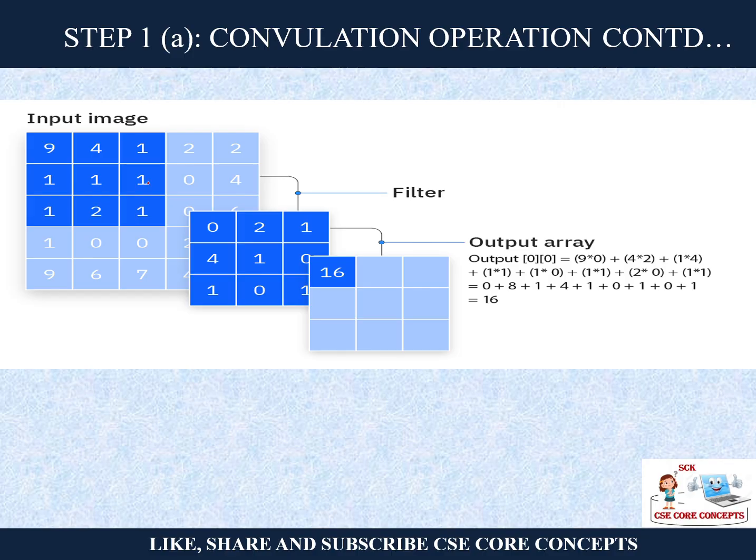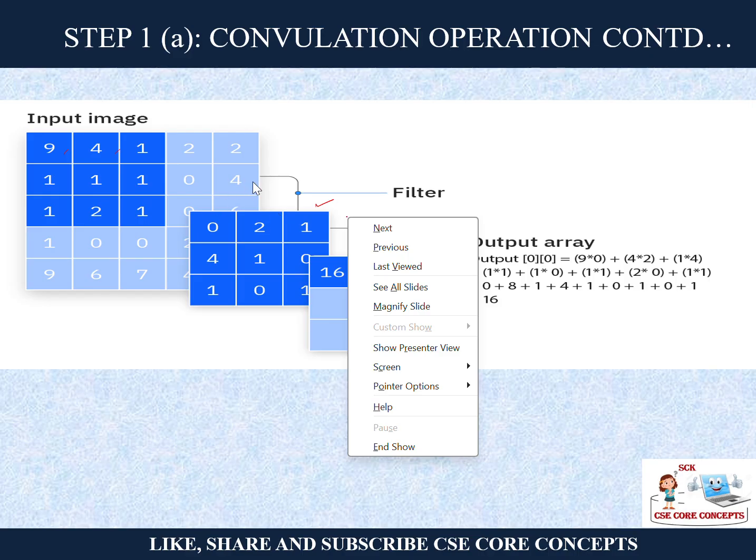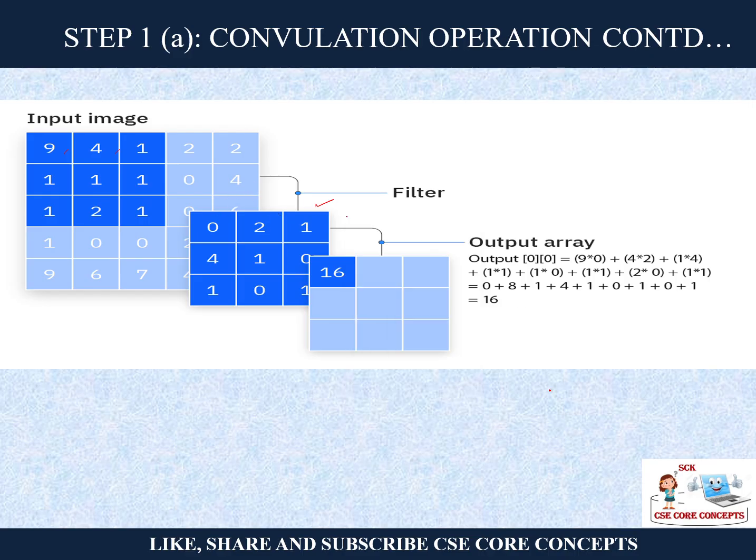Let us see one more example. Let's say this is our input image, and you can see this is a colored image. Some values are there, let's say 9, 4, 1, and this is how the image looks. And this is our filter. This image is of size 5 cross 5, and the filter is of size 3 cross 3, right? Now when you are performing the multiplication, you can see how it is done.